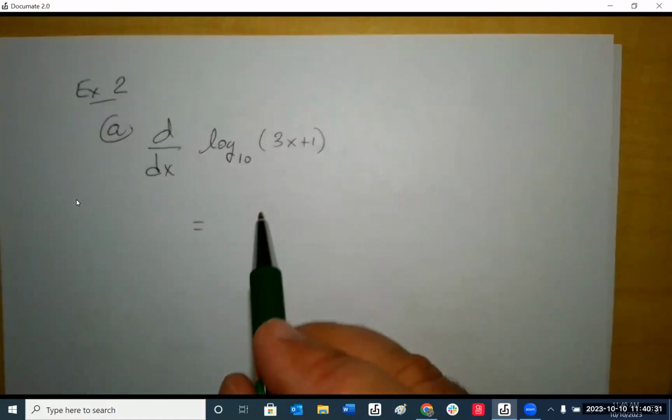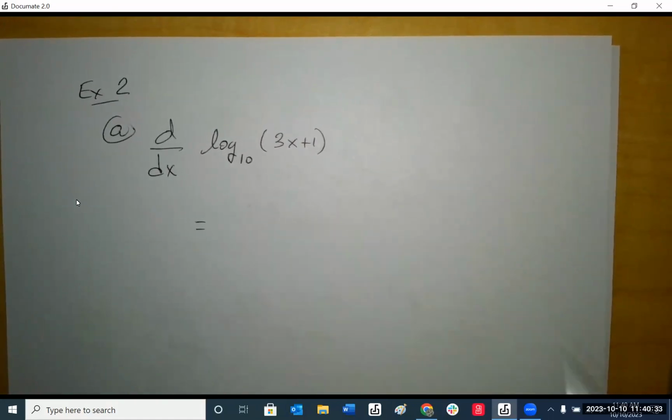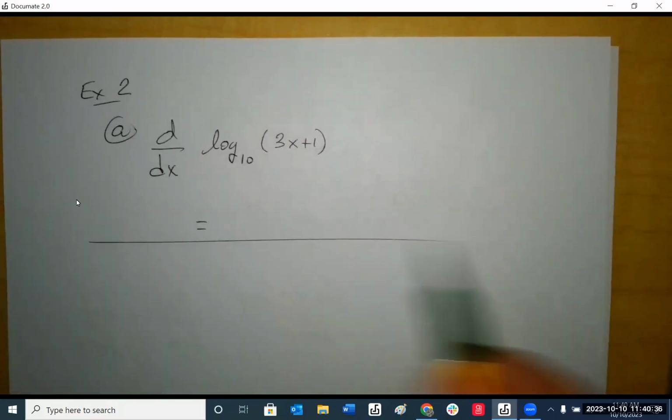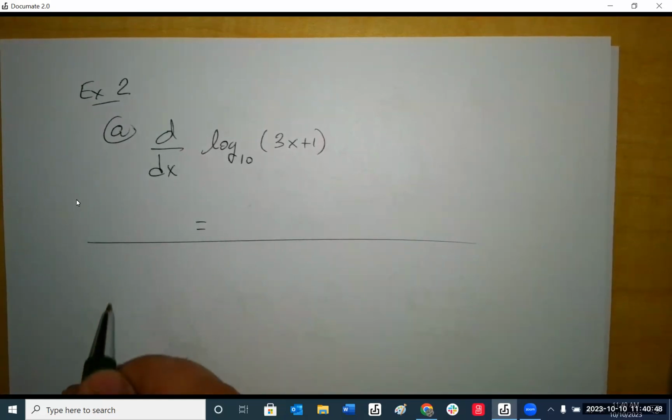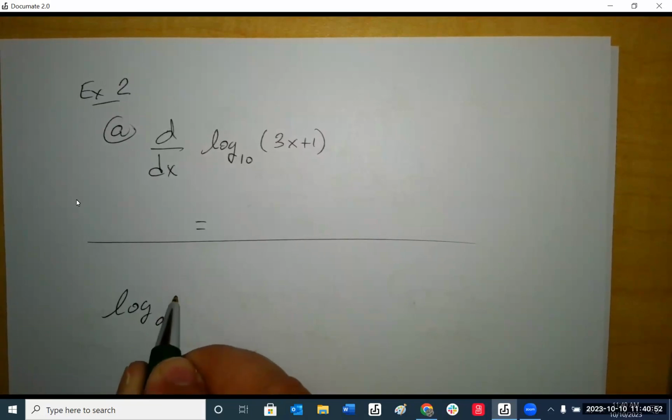Actually, before we do this one, let me show you. I do apologize because I know we just did one on log base a of x. Let's look at this example of log base a of a function.